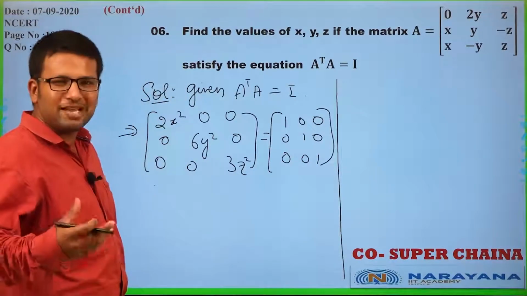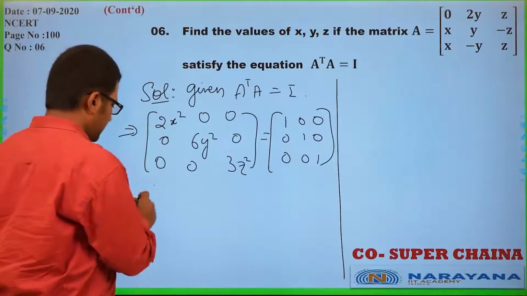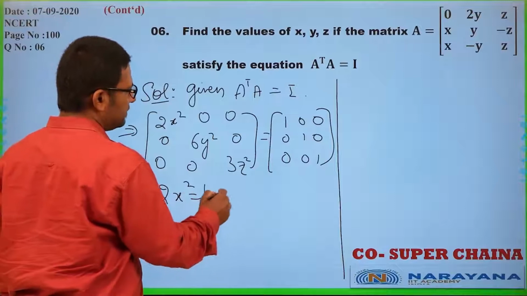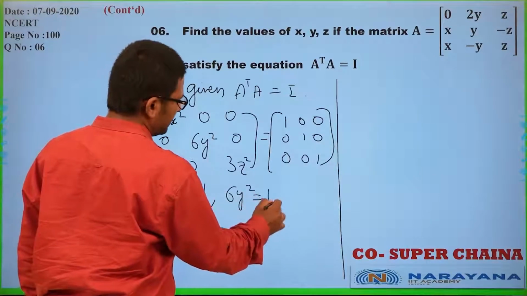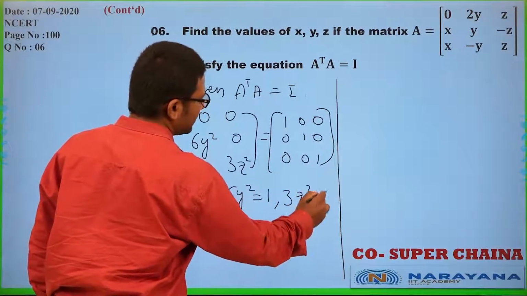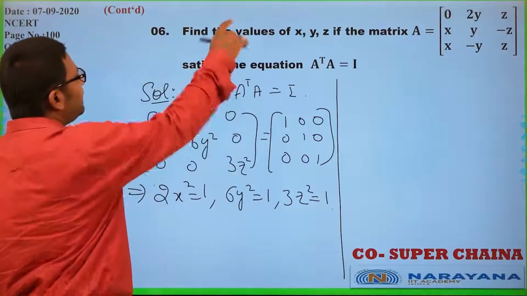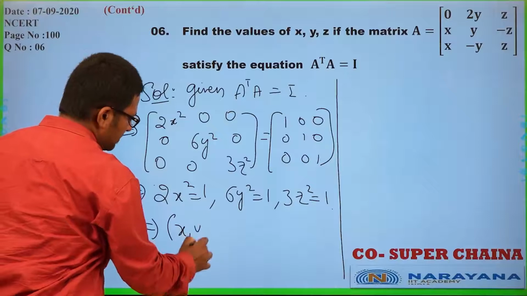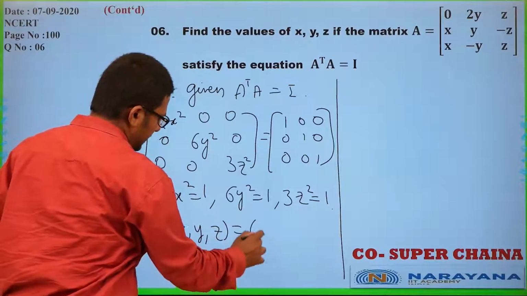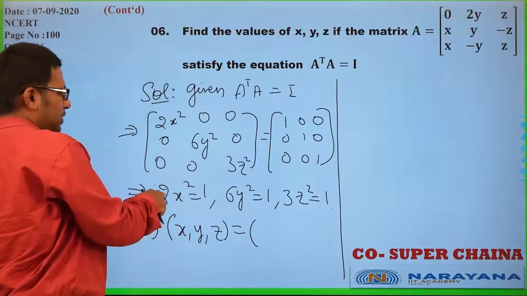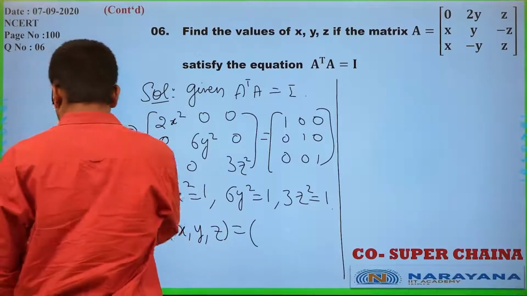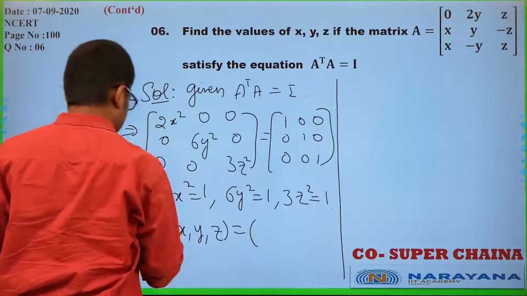So now we can simply equate element by element, right? So this implies 2x square is 1, 6y square is 1, 3z square is 1, alright? We need to find the values of x, y, z. 2x square is 1, therefore x square is half. In fact, let us take it slowly.